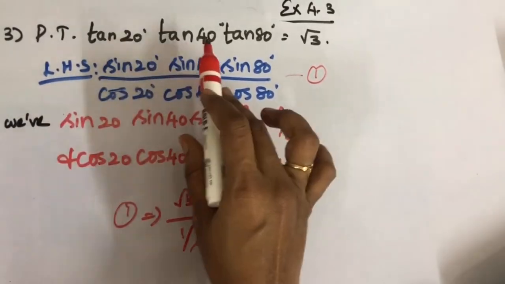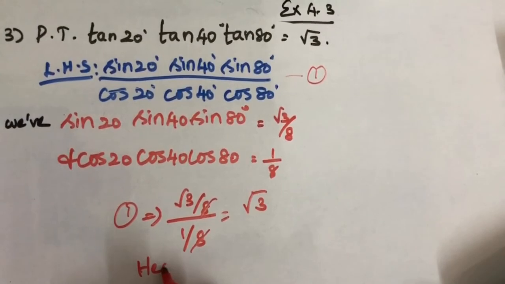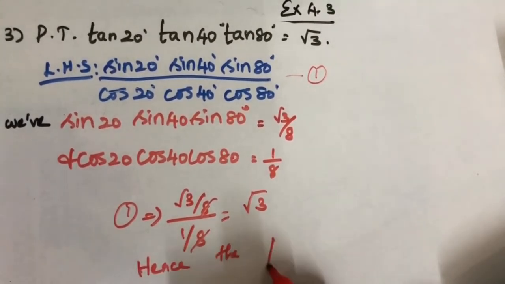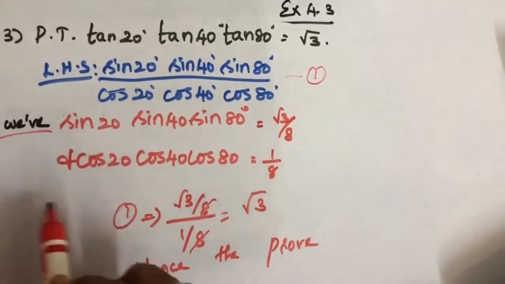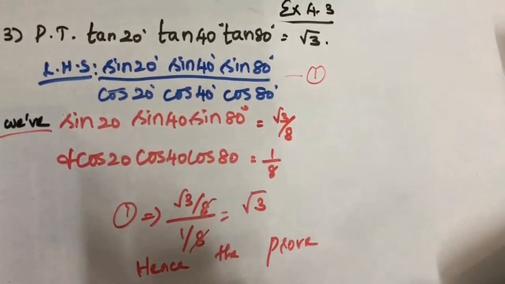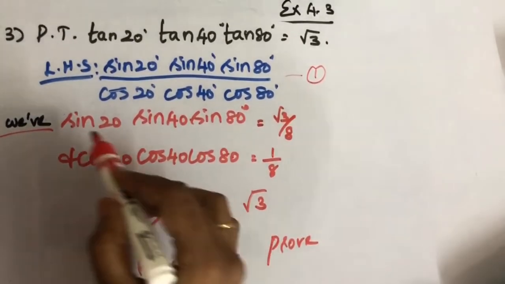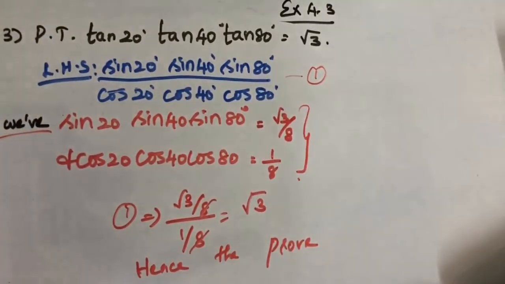So, tan 20, tan 40, tan 80 is equal to root 3. Hence, we have proved. For a 2 mark question, you can write the 2 results directly. But for the 5 mark question, and even for a 3 mark question, if they ask, you have to prove these 2 results and then you can substitute here.